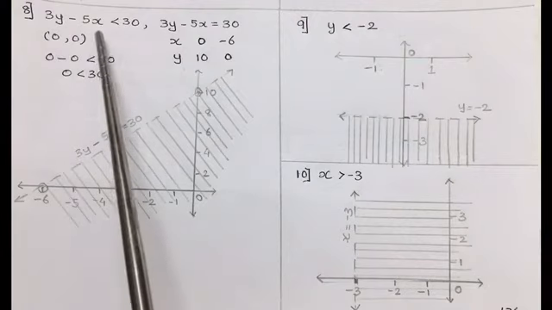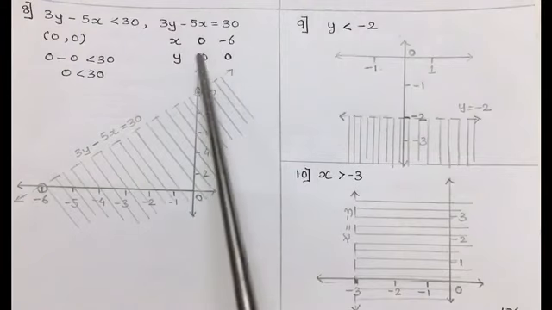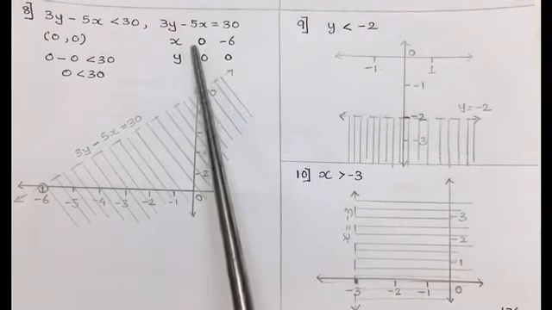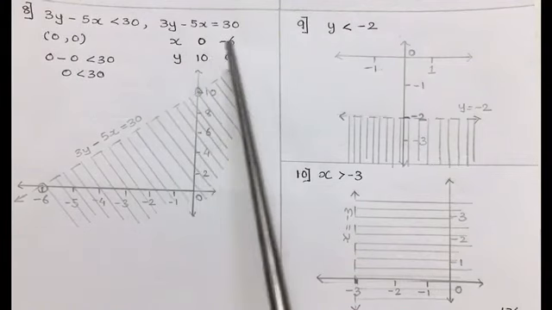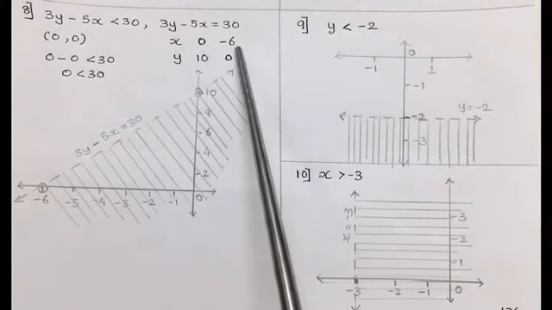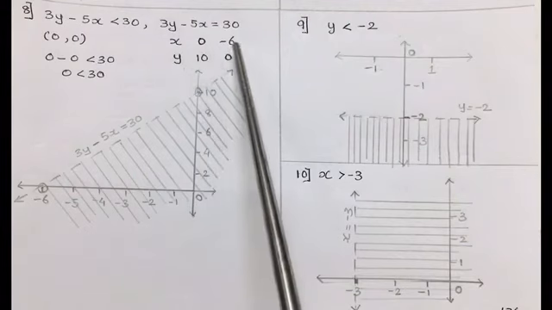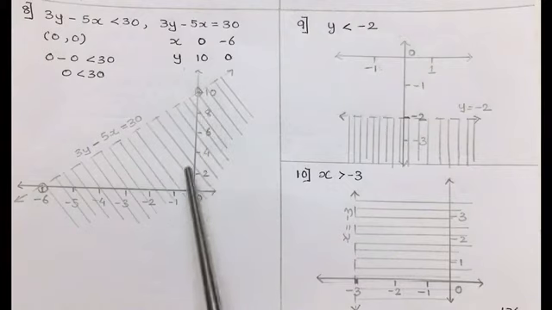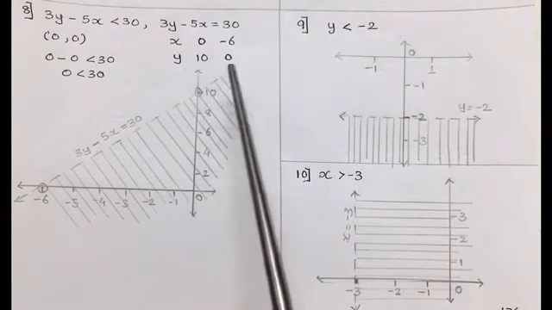3y minus 5x less than 30. Plotting the points. So taking one time x equal to 0, y will become 10, and taking y as 0, x will be minus 6. Now as here x is negative, y is positive, so drawing positive side of y and negative side of x.